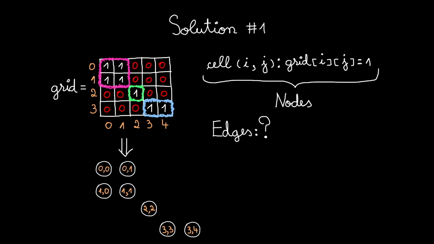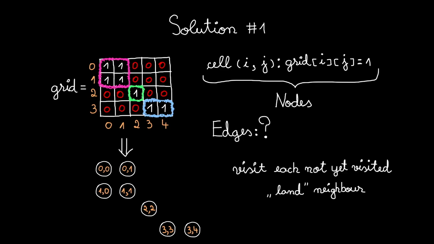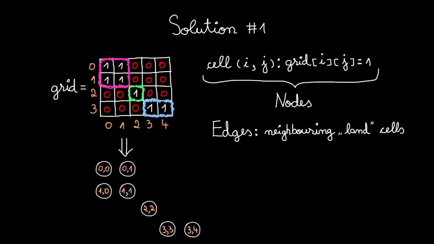Remember that from each land cell, we have visited each not yet visited land neighbor. We obviously don't know which neighbor is visited or not before beginning the algorithm, but what we know for sure is the pairs of neighboring land cells, and those will be the edges. We will add an edge between each pair of neighboring land cells.